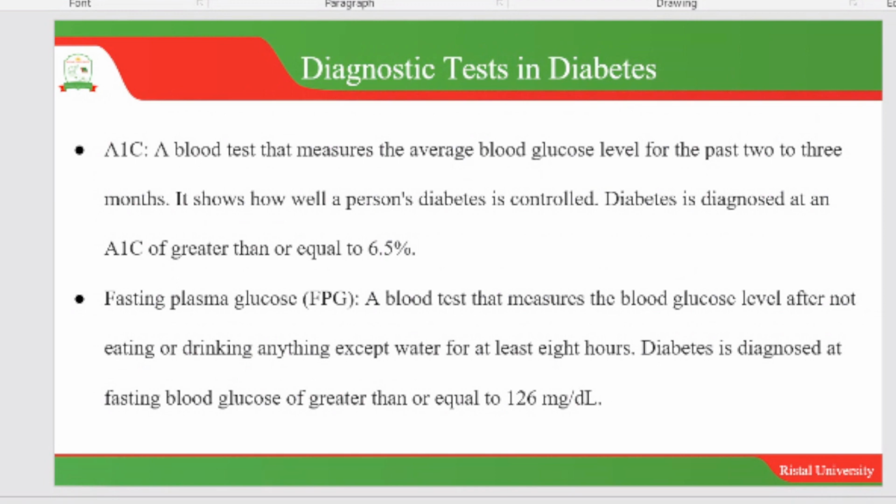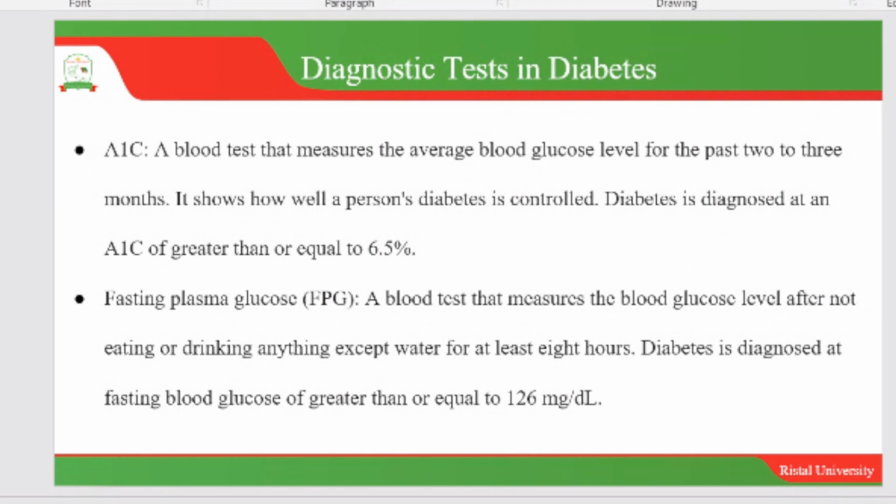So diabetes is diagnosed at an A1C of greater than or equal to 6.5%. That is, if it is tested and it is equal to 6.5% or more, then it means the person is diabetic. Then another test is fasting plasma glucose, FPG.